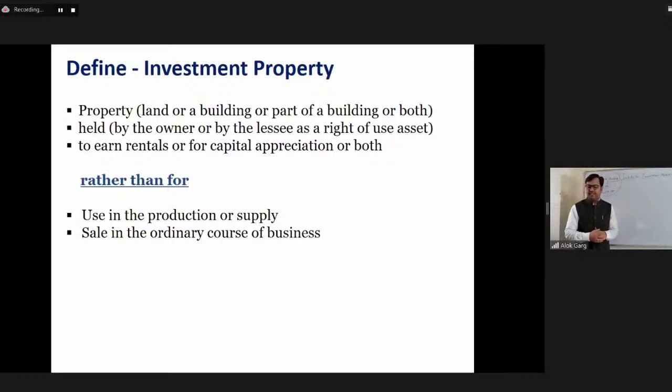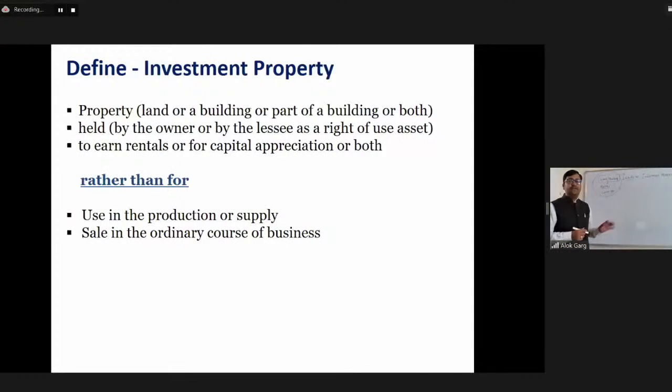We will be discussing this part. As far as accounting is concerned, if the land or building is given on lease basis, it will be covered under IndAS 116. But what will be the presentation requirement? That asset is required to be shown as an investment property, under the head investment property.